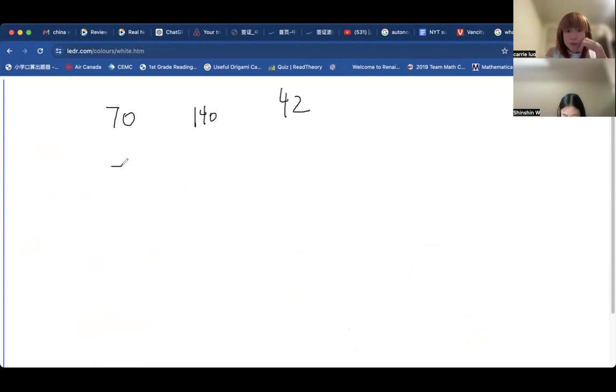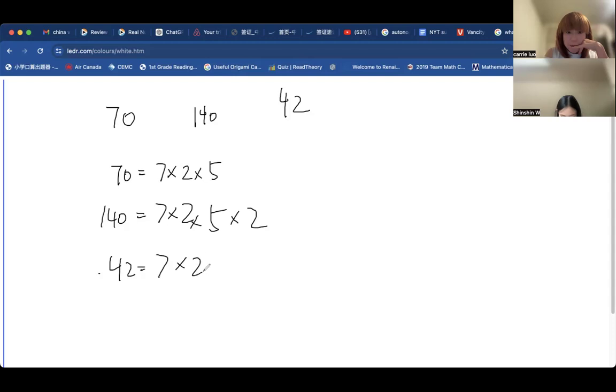So 70 equals what? Equals 7 times 2 times 5, right? 140 equals 7 times 2 times 5 times 2. And 42 equals 7 times 2 times 3, correct?